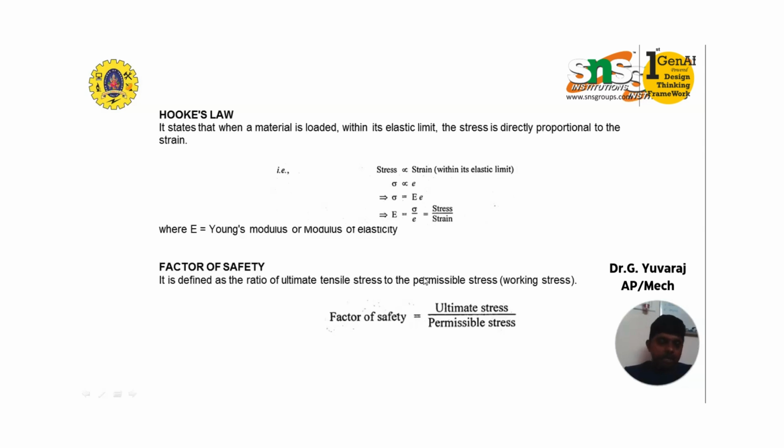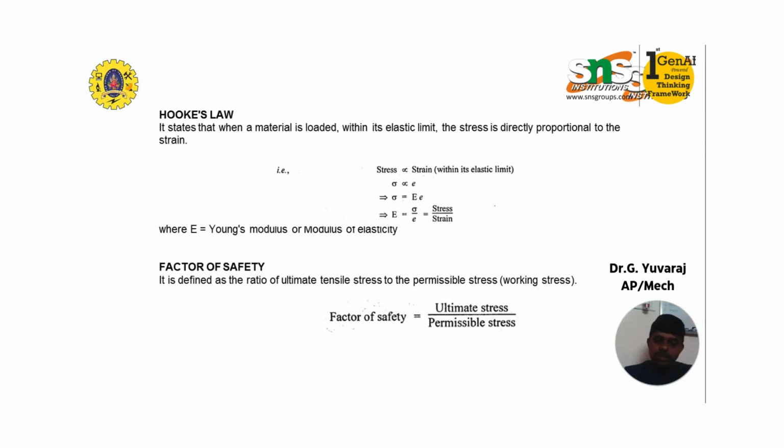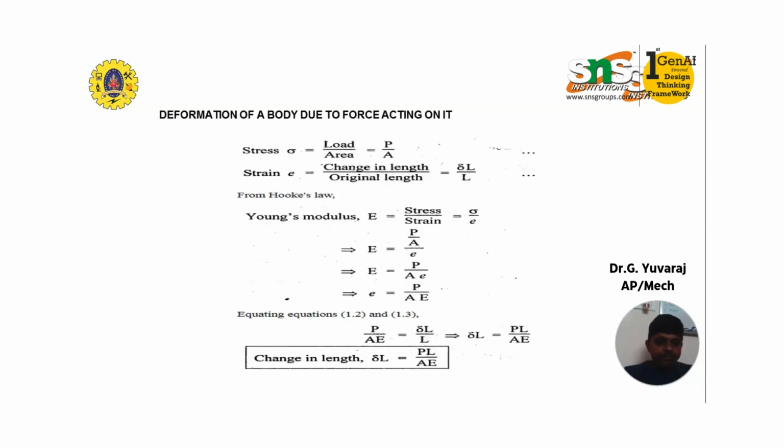When we enter into this subject, we should know whether the load acting over the material is within the elastic limit or beyond the elastic limit. That is what we need to discuss in detail regarding the factor of safety. Factor of safety is equal to ultimate tensile stress divided by permissible stress.